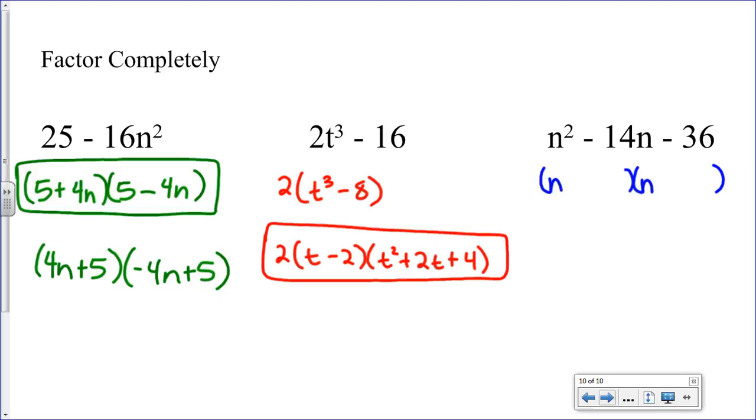Can I get 14? No, because I have to think in my head that I'm subtracting the numbers because you have one positive, one negative. No, not 6 and 6. Let's see, what about 9 and 4? No. What about 12 and 3? 18 and 2? 36 and 1? Did anybody find a way? No. Okay, any questions about that?